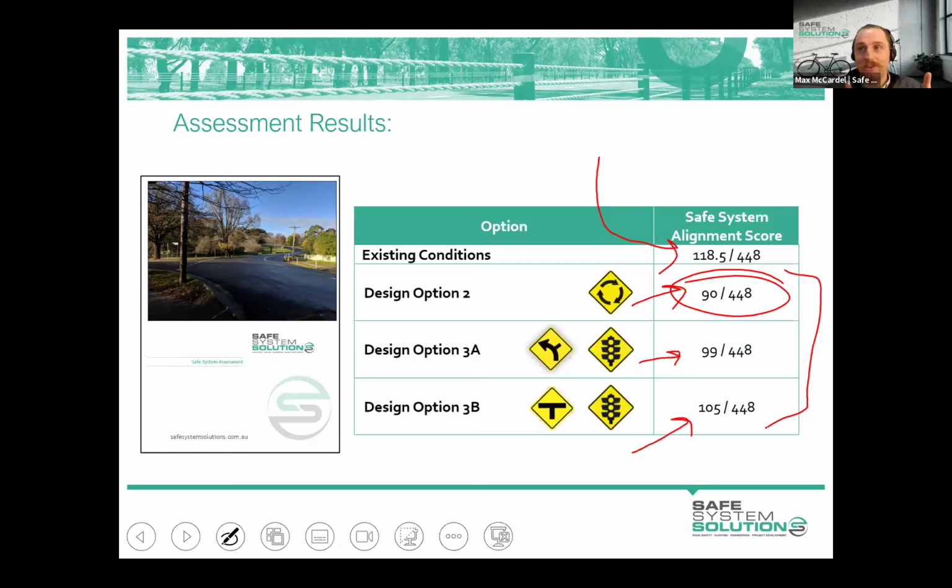The only exception I can think of, sorry that I'm going on a rant here, Loretta, is if you have got a safe system assessment team and they are reviewing multiple projects, but it's the same team. And they're looking at all these different sites, but they're doing it time and time again within their own risk assessment and risk appetite.